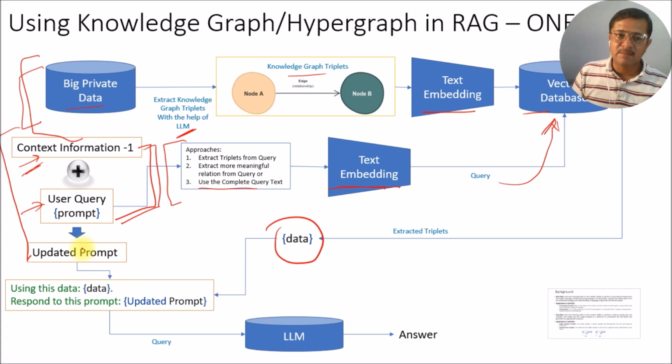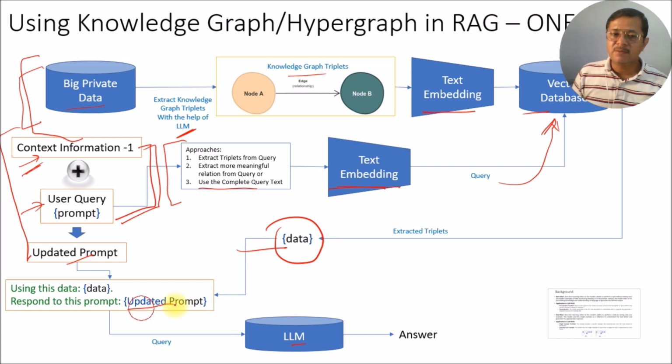But when you fire the updated prompt with this data and pass it through the LLM, the data part will guide the large language model to find the appropriate things.